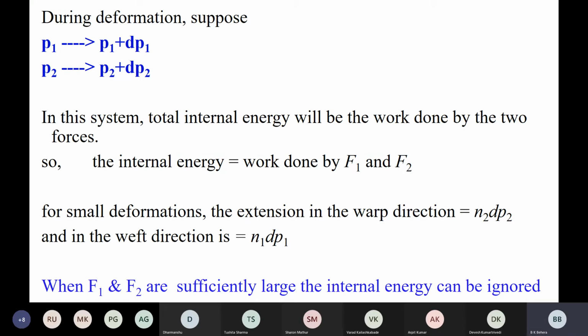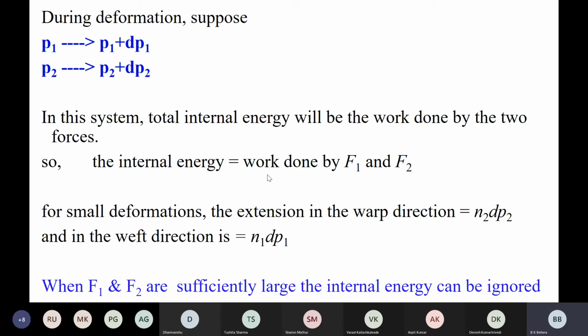So let P1 change to P1 plus dP1, P2 change to P2 plus dP2, and we are assuming the force is very large. If the force is very large in the system, total internal energy will be work done by F1 and F2. Simultaneously, we have applied load F1 and F2.